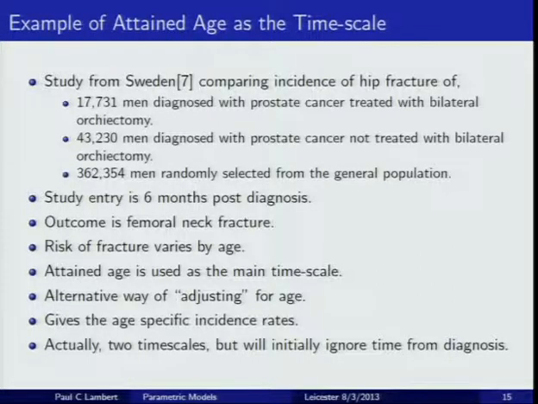We have a group treated with bilateral orchiectomy, so the removal of the testicles, and also men diagnosed with prostate cancer not treated with bilateral orchiectomy, but who may have received medication which changes androgen levels, which may have an impact on their bone mineral density. As a comparison, we can compare to the general population.